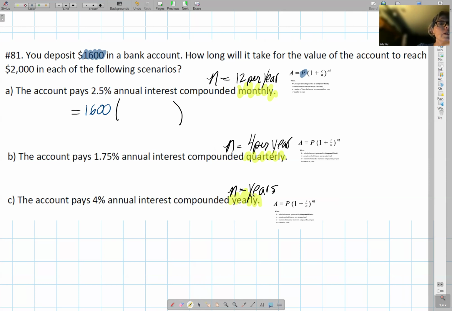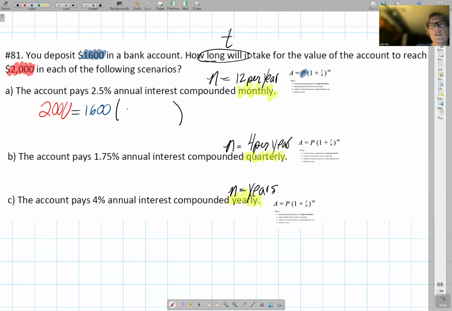We are ultimately asking, how long to reach 2,000? That means your final amount is going to be 2,000 on this side. And here we are compounding. How long will it take? Ultimately, we are looking for T for all of these.